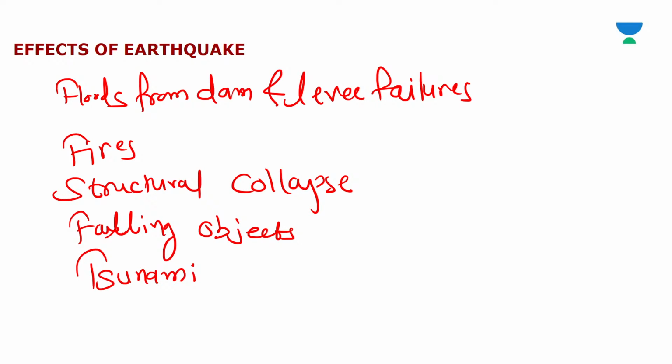Now, the effects of tsunami would occur only if the epicenter of the tremor is below oceanic waters and the magnitude is sufficiently high. So, tsunami waves are generated by the tremors and not by the earthquake itself.